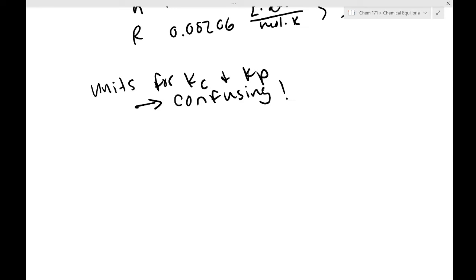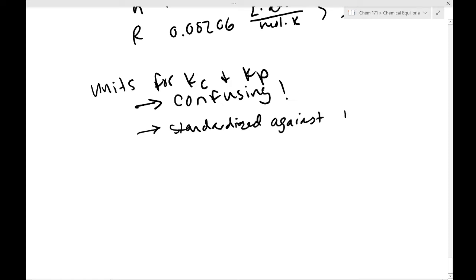So in practice, Kc and Kp, these two equilibrium terms, are standardized against 1 mole per liter and 1 atmosphere. So the mole per liter is the standardization for Kc, and the atmosphere is the standardization for Kp.